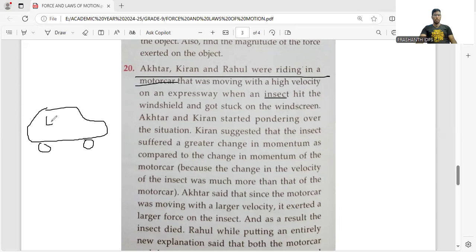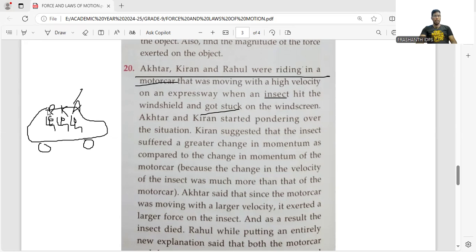These three students were inside: one is Akhtar, one is Kiran, the third one is Rahul. A small insect came and hit the windshield and got stuck on it.